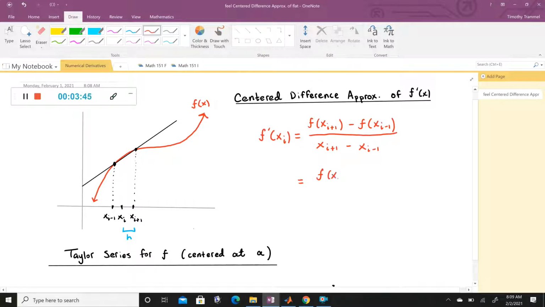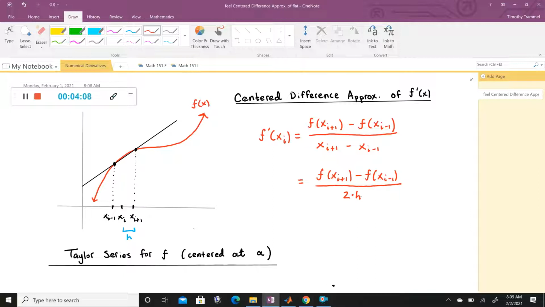So we could rewrite this as f of x sub i plus 1 minus f of x sub i minus 1 over 2 times h. All right, so there's our approximation for the first derivative.